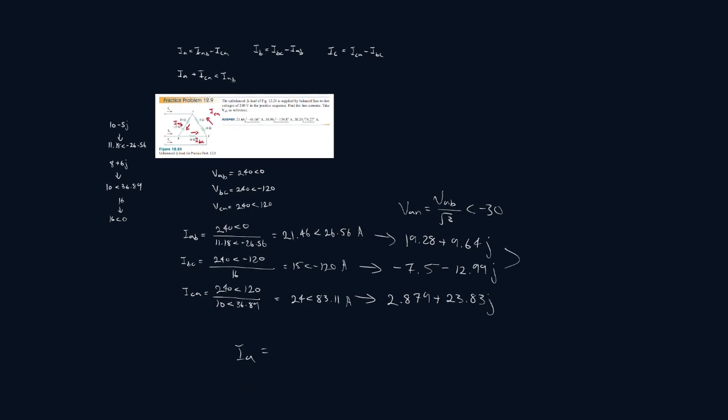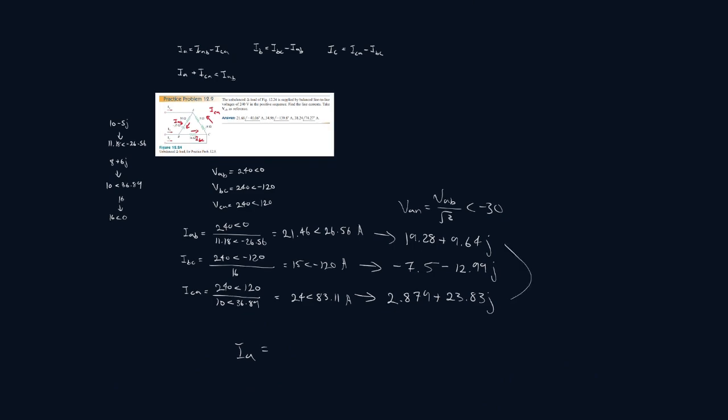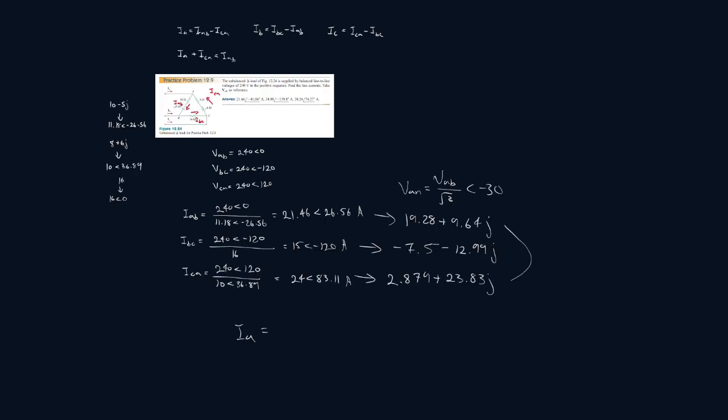Sorry, not those two. You subtract these two: it's IAB minus ICA. So it's 16.401 minus 14.19J, and that's 21.68 phasor minus 41 degrees in amperes.